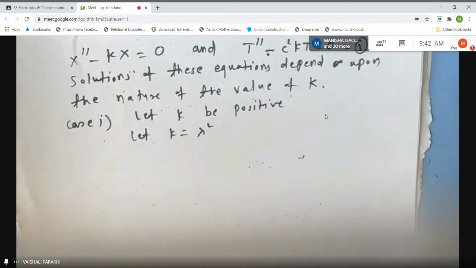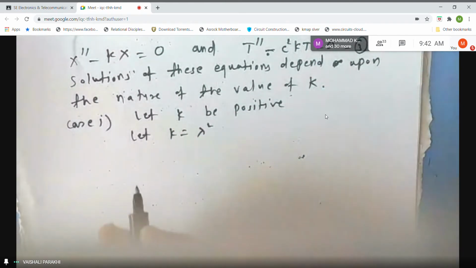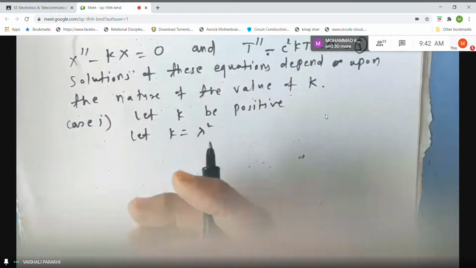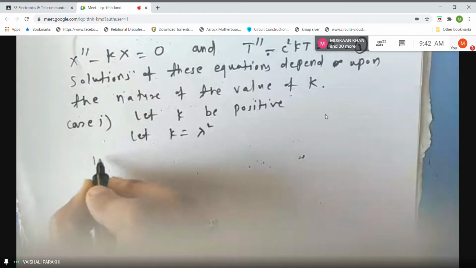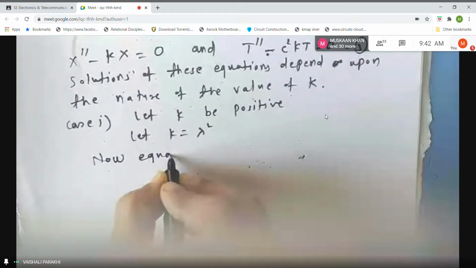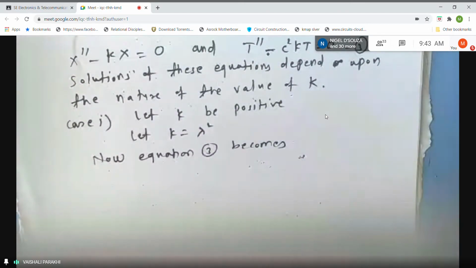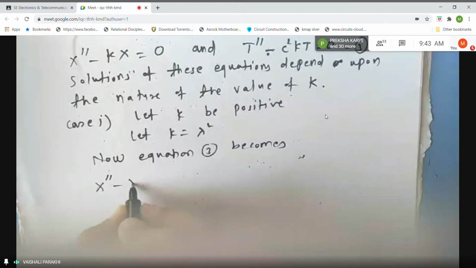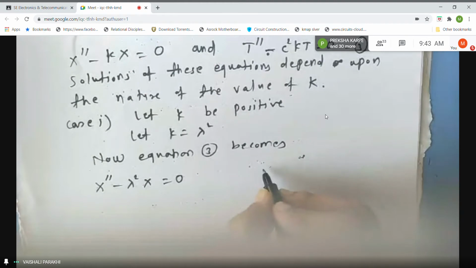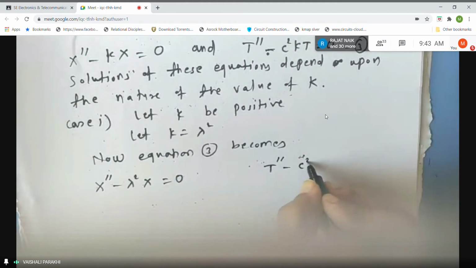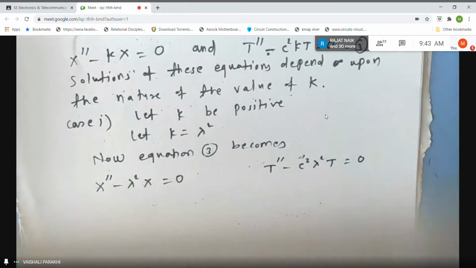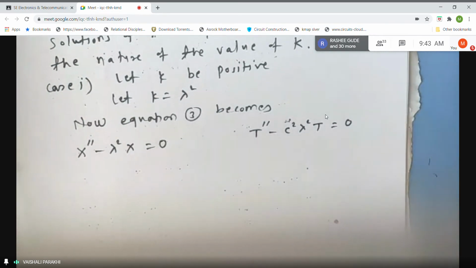Now, what will happen with equation 3? So equation 3 becomes, wherever there is k, students, in equation 3, we are putting lambda square for that. So it will be x double dash minus lambda square x is equal to 0, and t double dash minus c square lambda square t is equal to 0. So what I did, I have replaced k by lambda square.